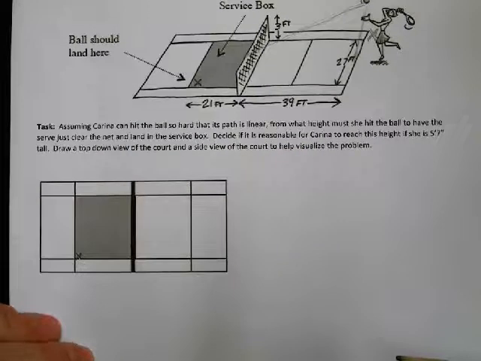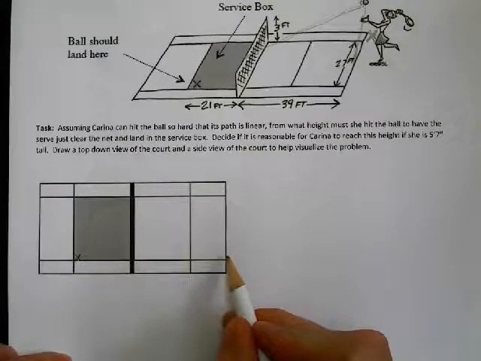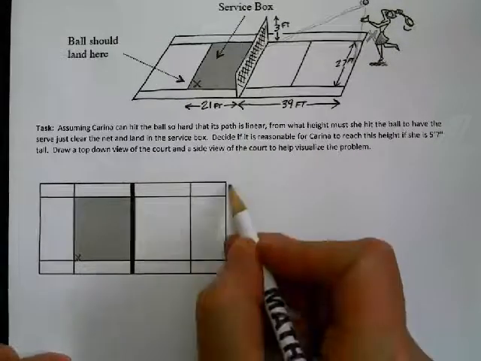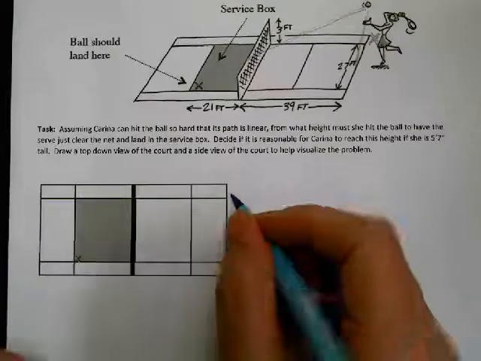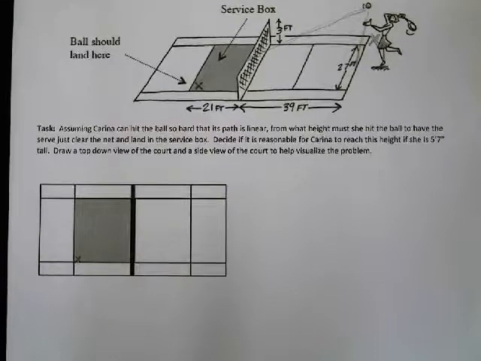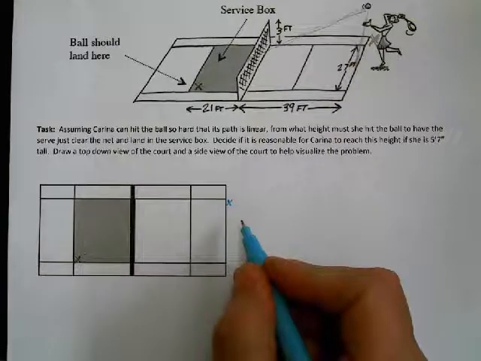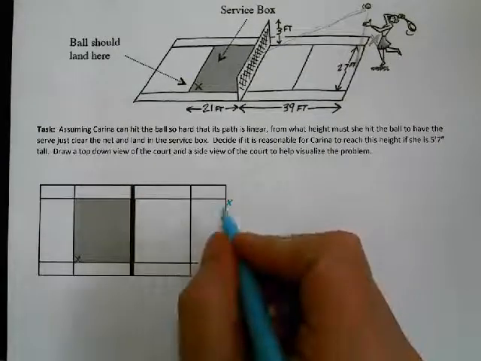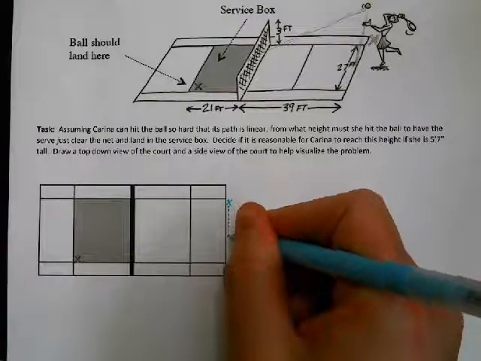So we need to decide where she needs to serve from. You might think she needs to serve from here, or from over here. We're just going to play around with it today. Let's pretend that she serves from here, which is the farthest away from this corner. If she does that, we've got the start of a right triangle here.